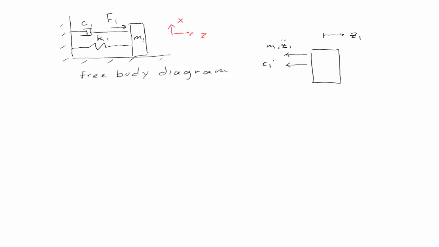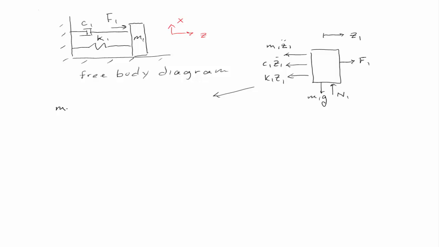And we'll put on an inertial force, M1 Z1 double dot, the damper force C1 Z1 dot, and the spring force K1 Z1. Here's our F1, and just for completeness we can put in the M1G and a normal force, even though they don't really enter into this analysis.